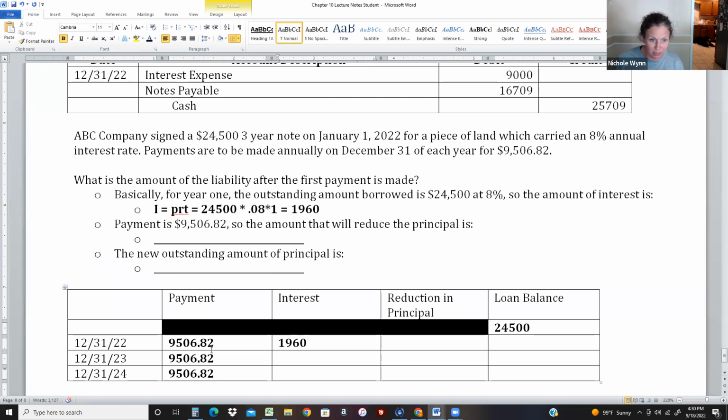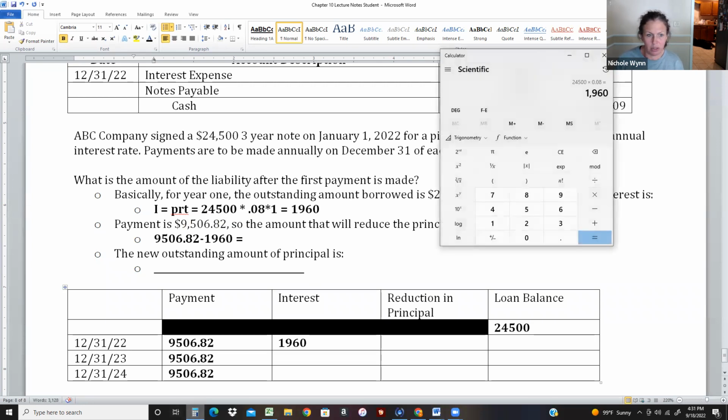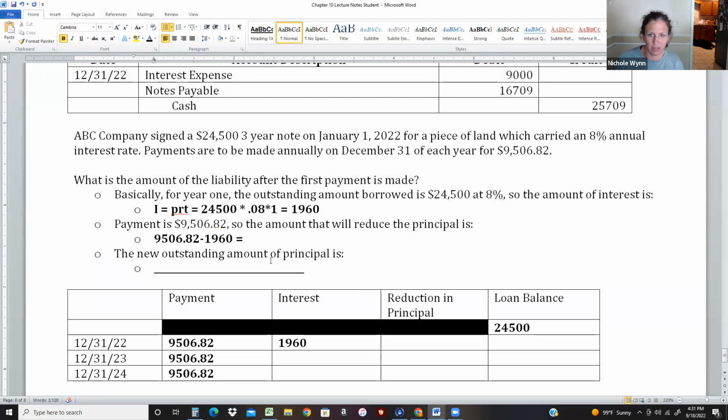Our payment is 9506.82. So to get the reduction in principal, some of the payment is interest, the rest goes to principal. So take the 9506.82 and subtract 1960. So 9506.82 minus 1960, 7546.82.